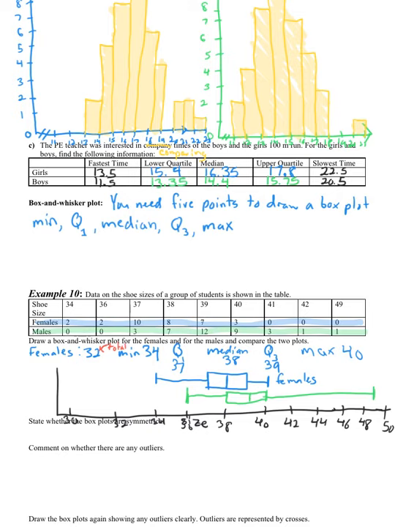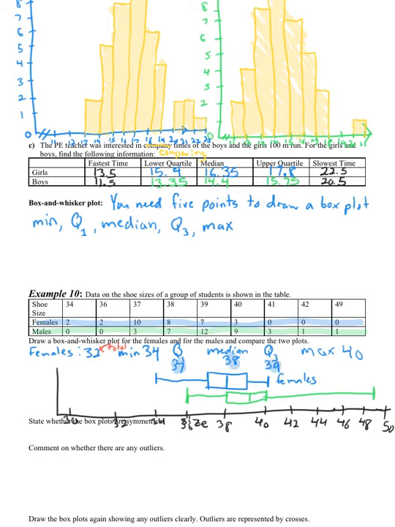So the next part says state whether the box plots are symmetrical. When we're talking about symmetry, we basically want to look at the box itself. Is the median kind of in the middle of the box, or is it skewed to one side or the other? For the females, the numbers went 37, 38, 39 for the box itself.